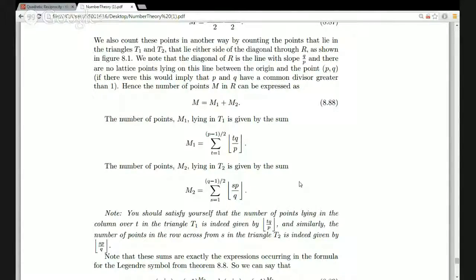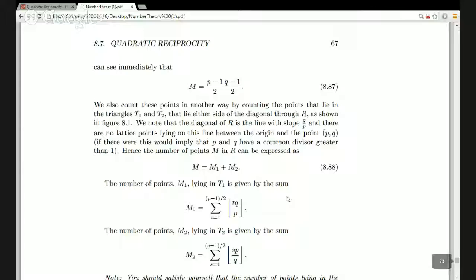And clearly, when we add those two together, we get the total number of lattice points, which we already know by simple counting of the rectangular points is this product, (p-1)/2 times (q-1)/2. So the previous result tells us that each Legendre symbol is -1 to the power n.